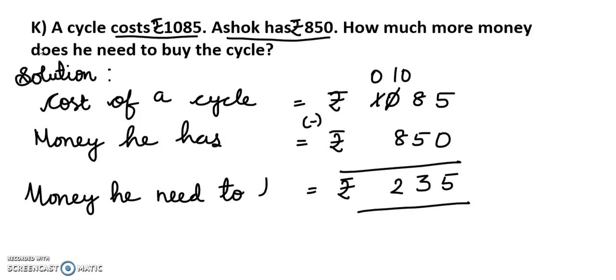The money he needs to buy the cycle is 235 rupees.